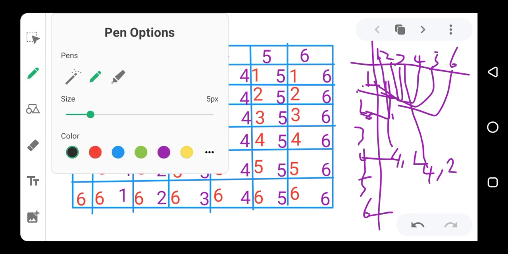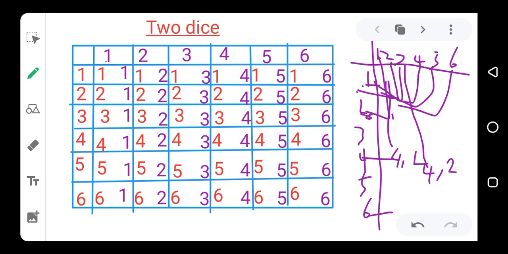Let me use this color. So this one is the only one that is 6, 6. And that shows that you have 6 in the first row and 6 again in the second row. Remember, you are not counting these parts if you want to count the total outcomes.